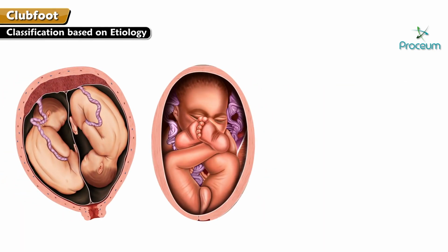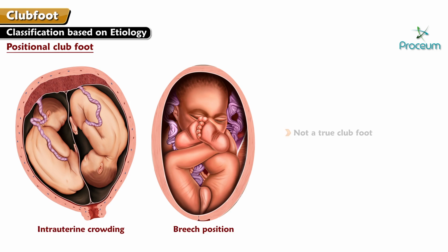Classification based on etiology. Club feet can be classified based on etiology as follows. Positional clubfoot. Positional clubfoot is due to intrauterine crowding or breech position. It is not a true clubfoot. It is a normal foot that has been held in a deformed position in utero.